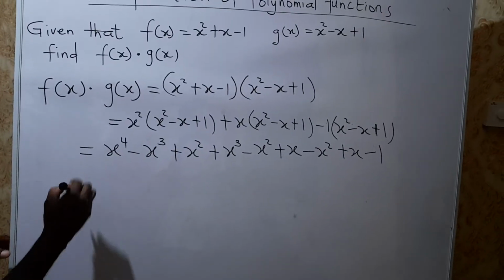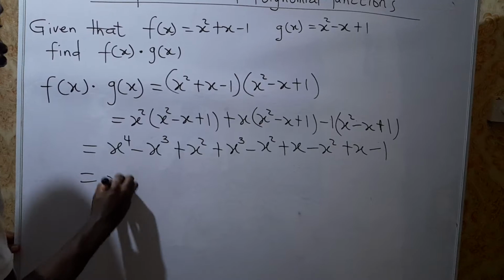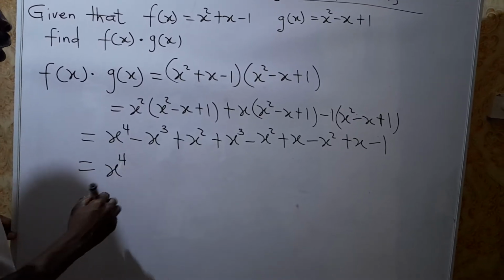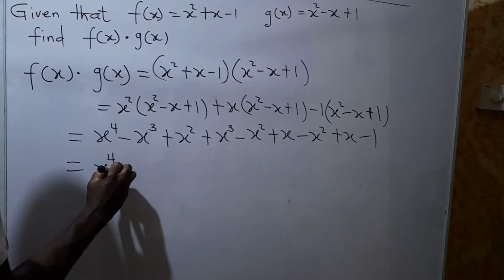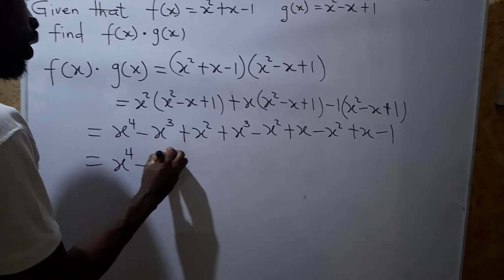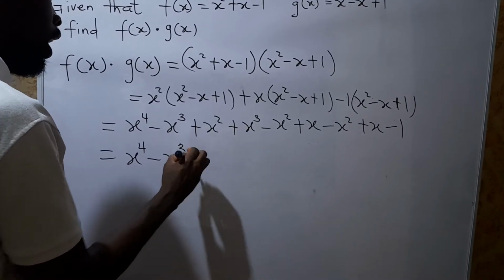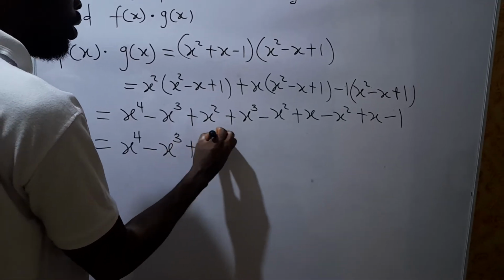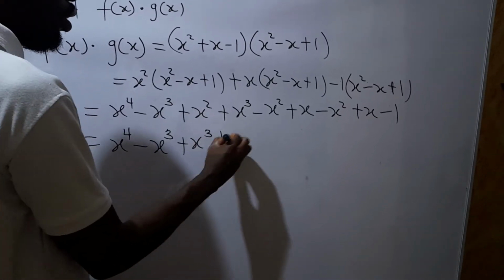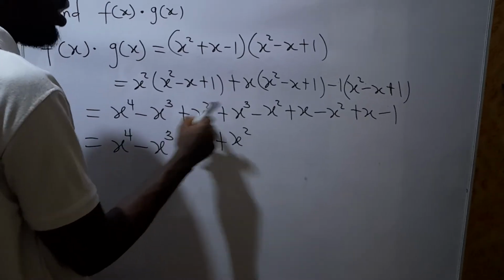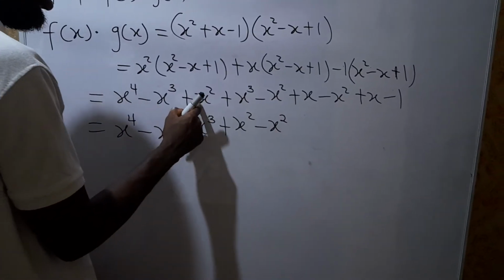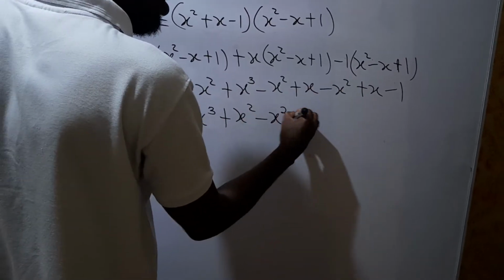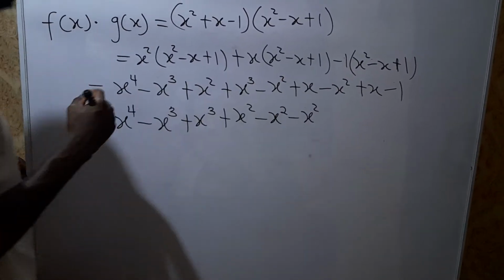So now we group like terms. We have x exponent 4. Then we have x exponent 3, and we have another x exponent 3 term. And we have our x squared. We have minus x squared, another minus x squared.